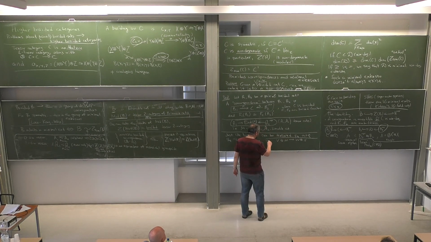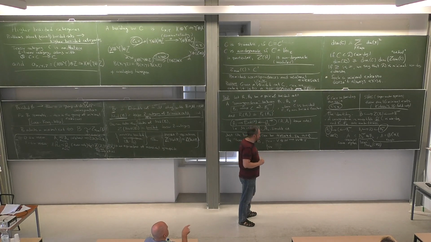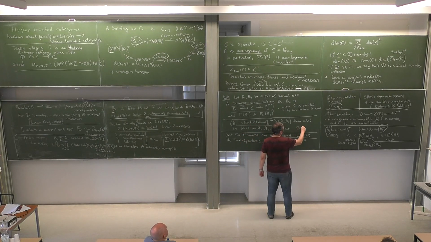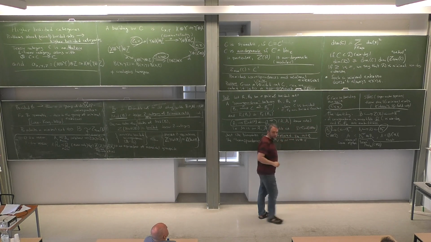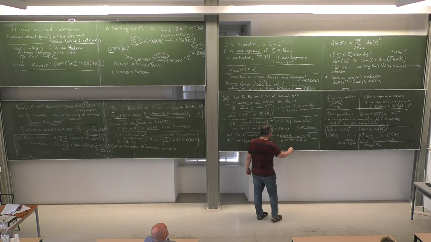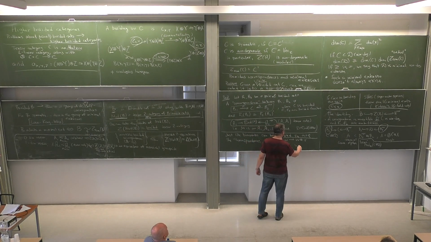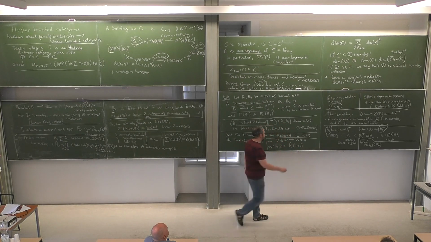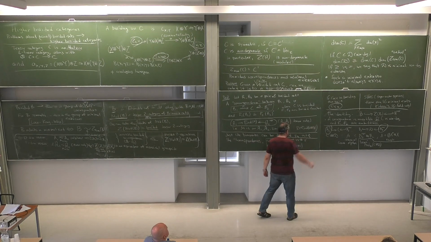So what we do, we introduce an invertible element R. R lives in the endomorphisms of V tensor W. Then we define the braiding on V tensor W by first permuting them, and then applying R to the result.